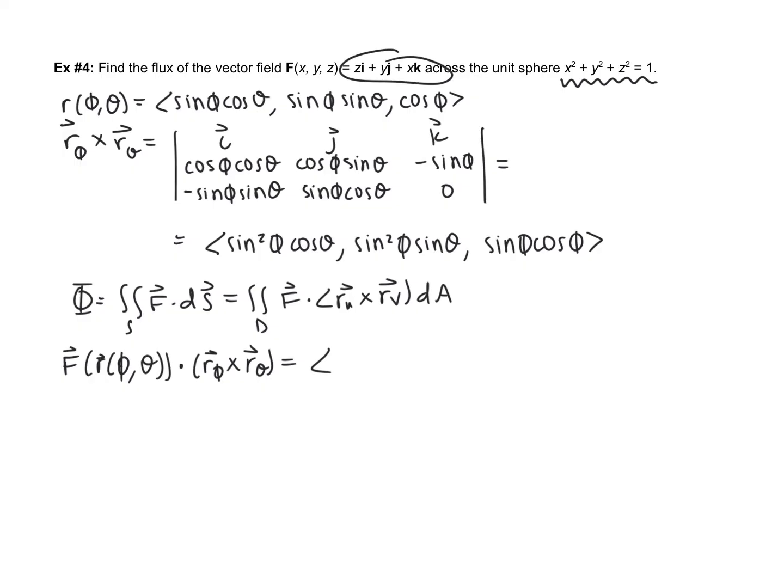So this I'm going to write in terms of our representations here for x, y, and z. When I do that, I get cosine of phi, sine of phi sine of theta, and then our last one is k, which is sine of phi cosine of theta. And I'm dotting that with this cross product from above.